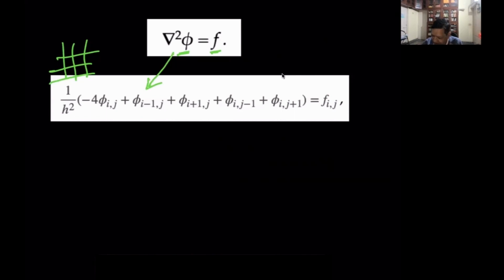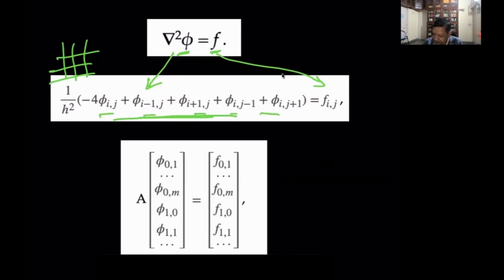Let's apply the same logic. I discretize it like before, and this equation I already derived. This is the left hand side, and the right hand side is f i comma j. So what are the unknowns? The unknowns are these phi's, so you write it as a matrix.